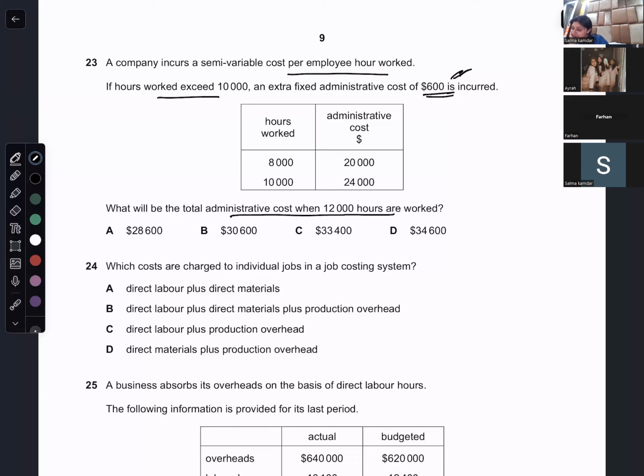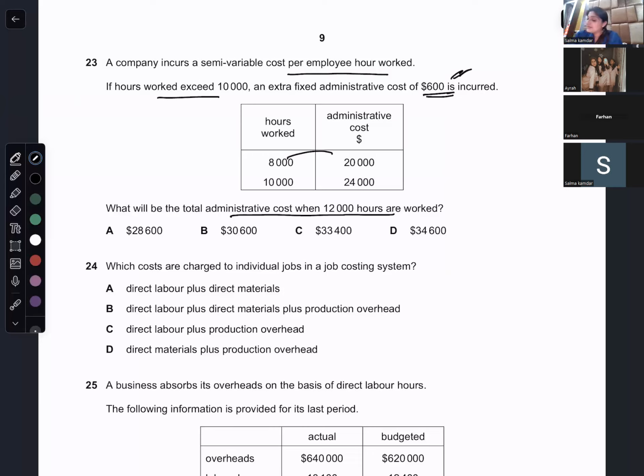So it is a semi-variable cost, right? Semi-variable cost means the amount is partly fixed and partly variable. Let me take, when I work 8,000 hours, my cost is 20,000.